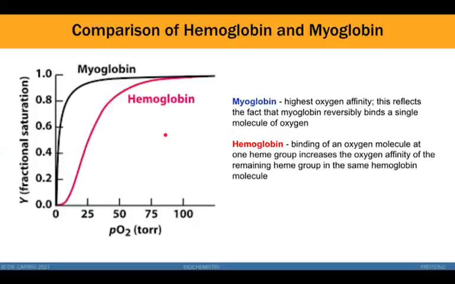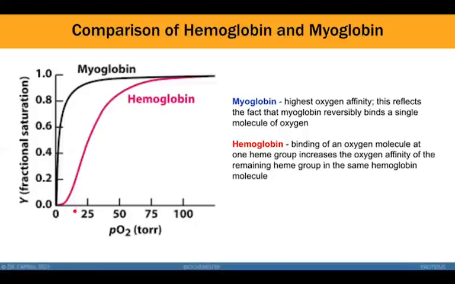But in hemoglobin, since you have four available binding sites for oxygen, if you increase the concentration of oxygen, the saturation of hemoglobin is somewhat staggered.